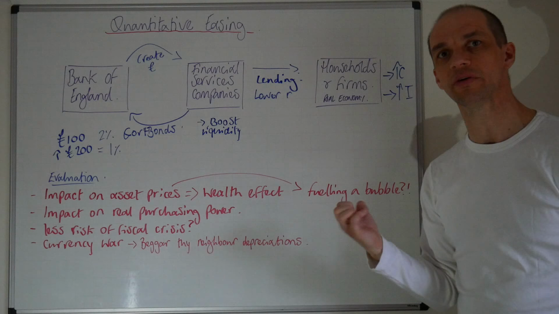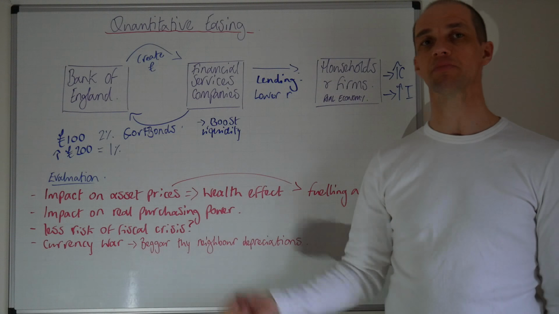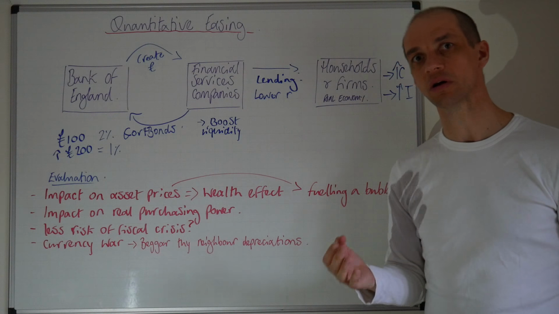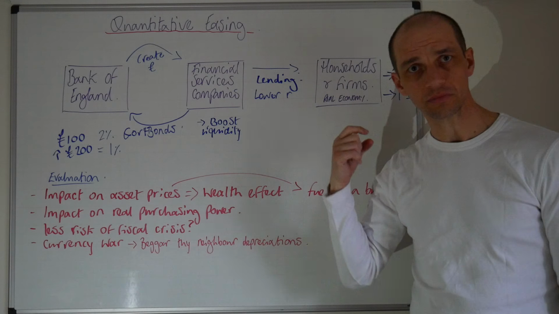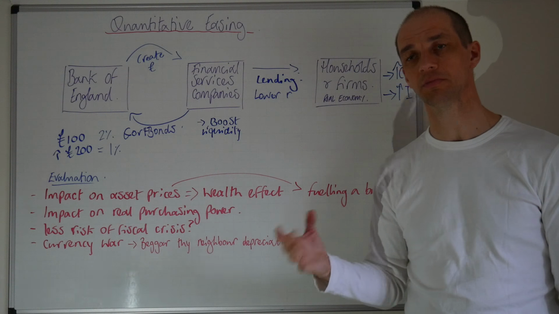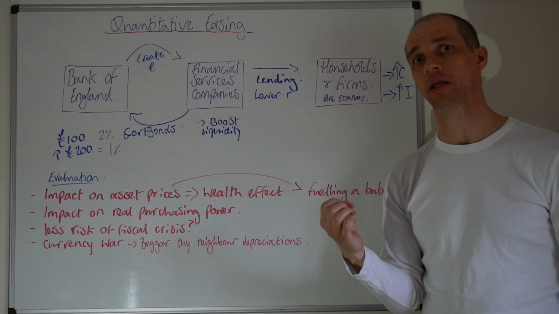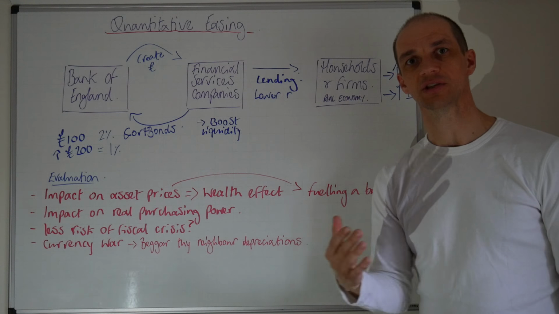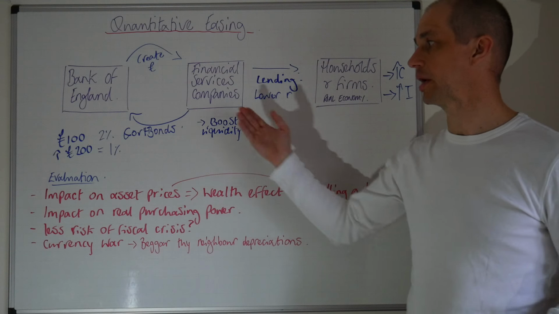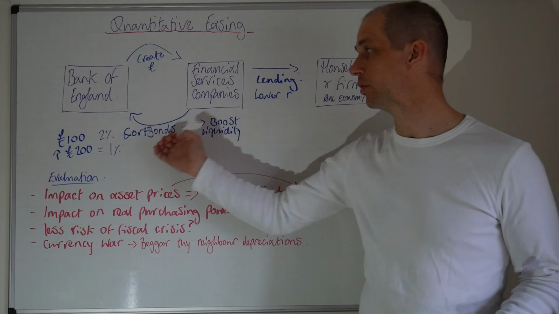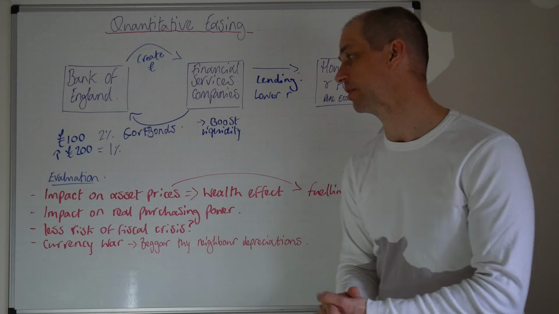So what sort of impact might such a policy actually have on asset prices? Not so long ago, the Financial Times Stock Exchange of the 100 leading companies, the FTSE 100, reached an all-time high, well in excess of 7,500. Now, that is partly as a consequence of this, in that bondholders no longer get good returns under a system of quantitative easing.